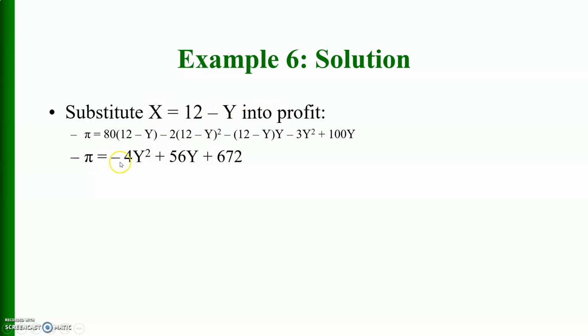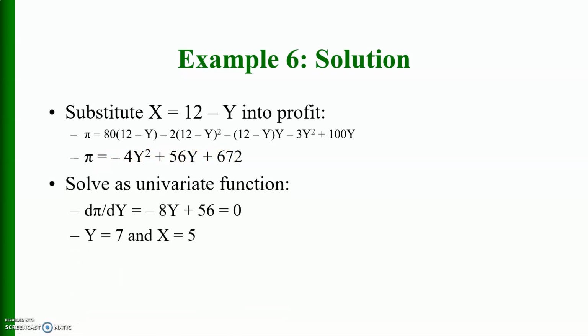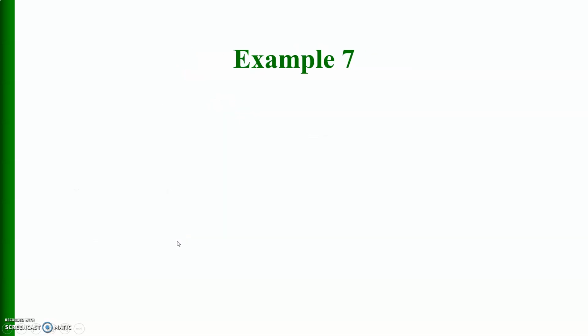So we get profit is equal to minus 4y square plus 56y plus 672, and solve as univariate function. So we will take the derivative of profit with respect to y, and that will be equated to 0, and then we will solve this, that y is equal to 7, and if we put value of this in this, then we get x is equal to 5.